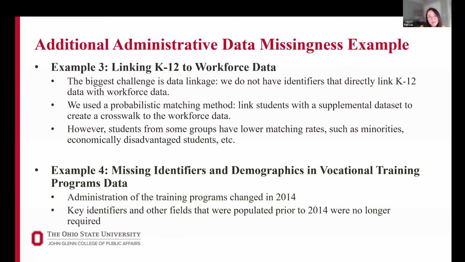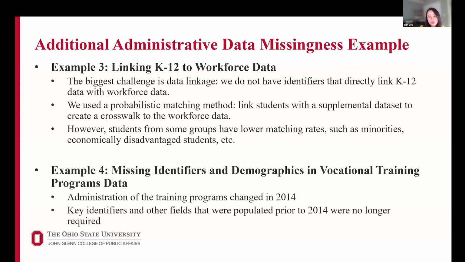And the last example is about missing identifiers and some missing fields in vocational training data that is caused by a change in administration. So in Ohio, prior to 2014, that information was relatively complete in the data.